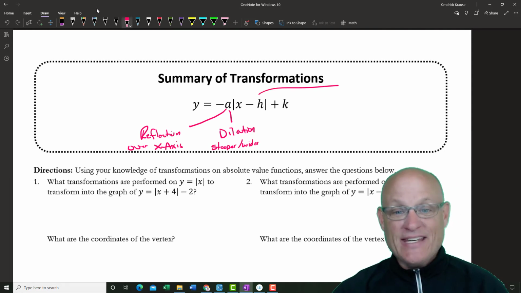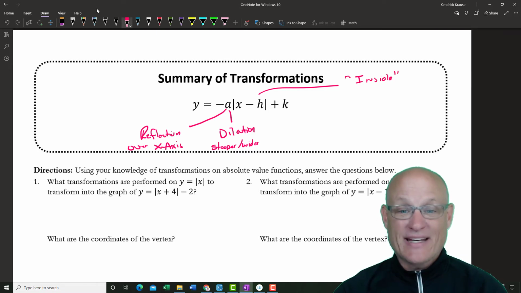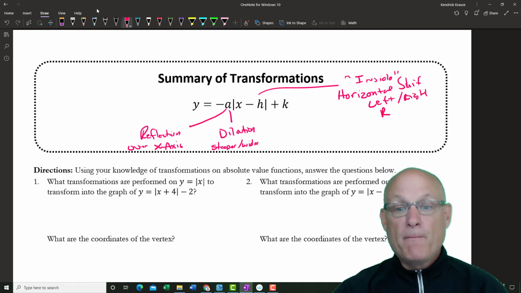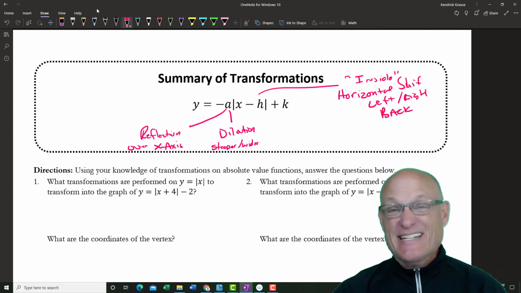When you add on the inside, and I want you to get in the habit of this because we're going to do these transformations over and over again, inside, it's a horizontal shift. In other words, left or right. But backwards. The key thing about the inside is it's always opposite of what you think.